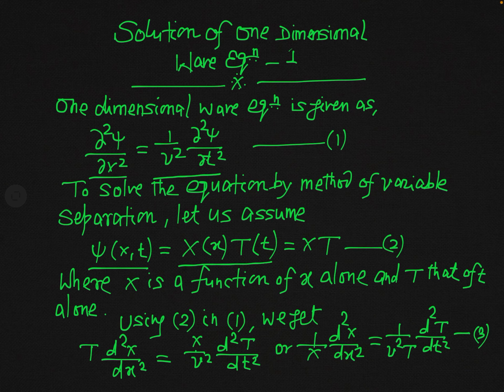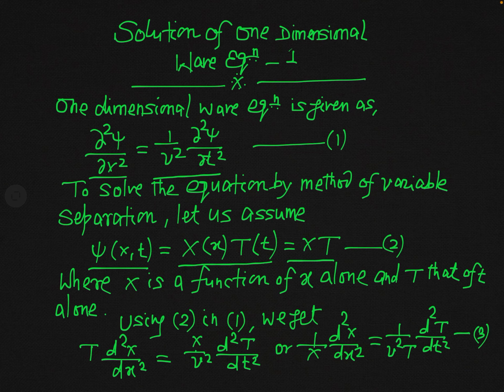So I have expressed here the solution psi of x, t equal to capital X of x times capital T of t, or you simply say that psi equals X times T, where X is a function of only the independent variable small x, that is the space coordinate, and capital T is only a function of t.